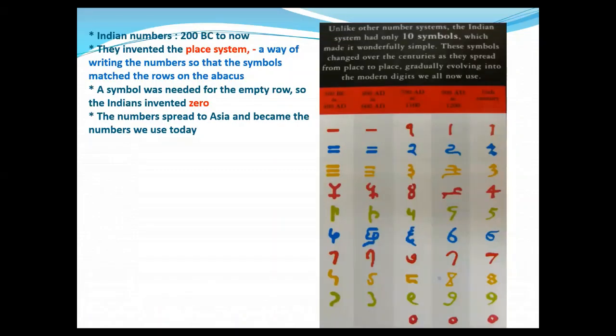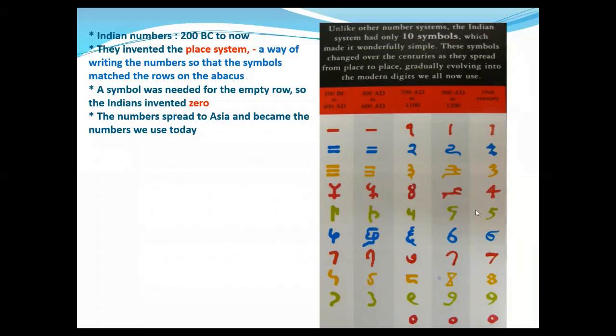And for Indian, they use base 10 and they only have 10 symbols. From 300 BC up to the 16th century, the symbols changed and evolved, and the evolved symbols were basically the new symbols for base 10.